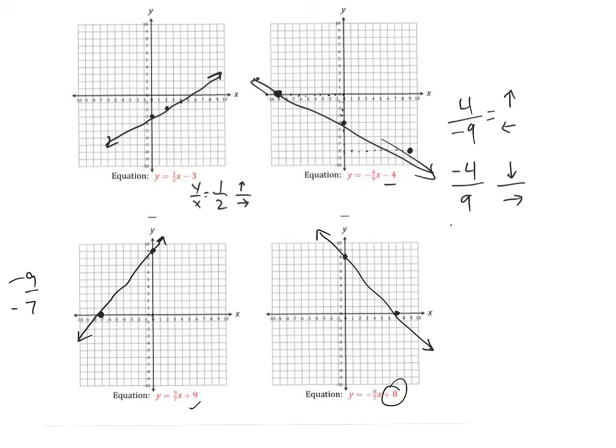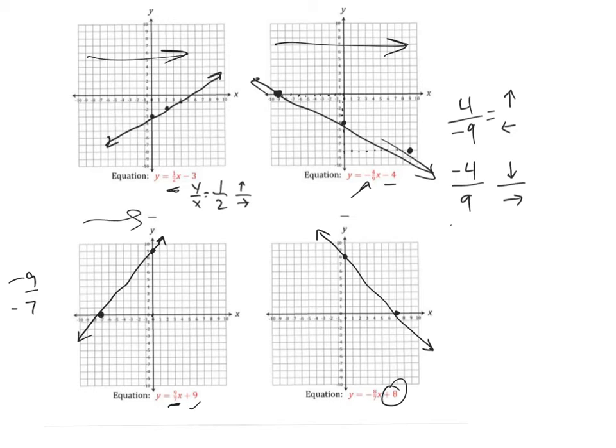So what do I want you guys to notice? Notice here that this is a positive slope, and from left to right, it goes up. This is a negative slope. From left to right, it goes downhill. This one here is a positive slope.